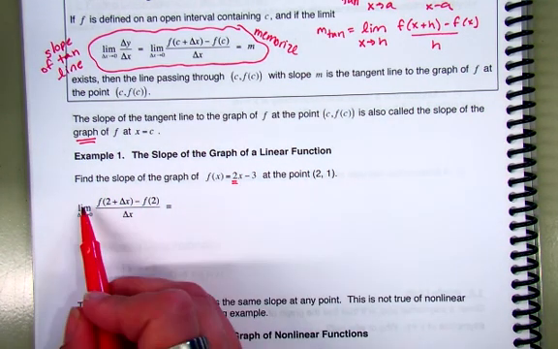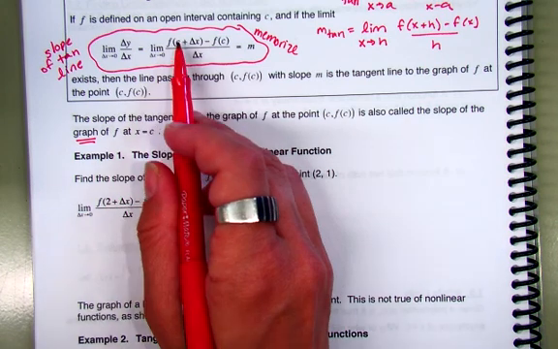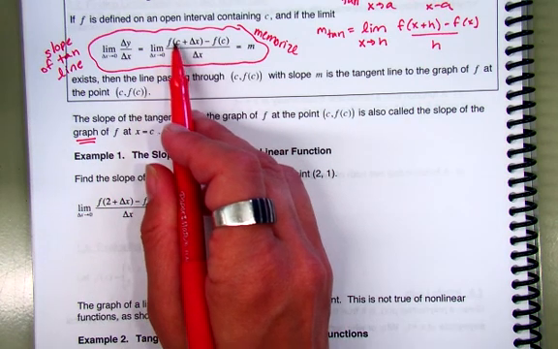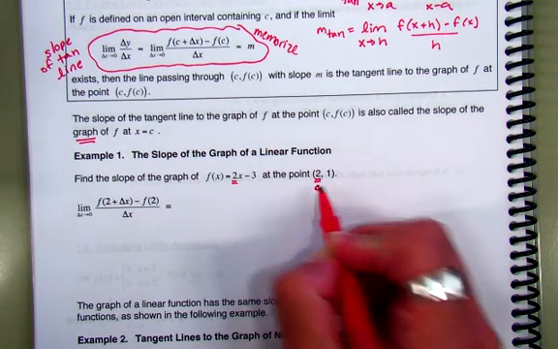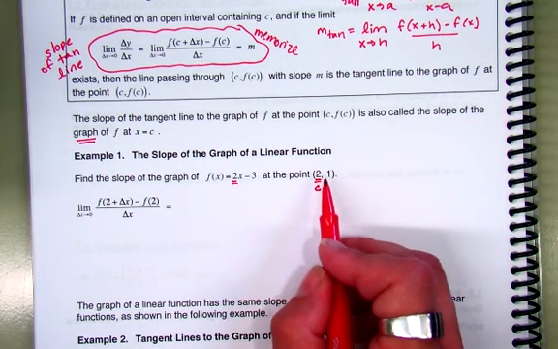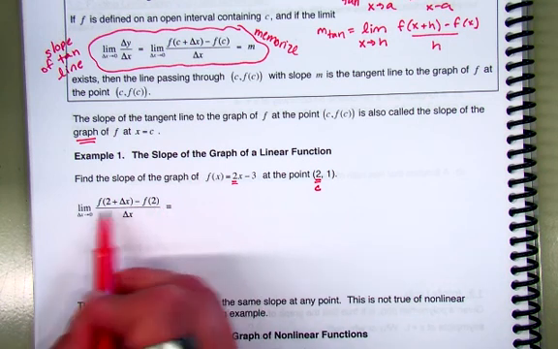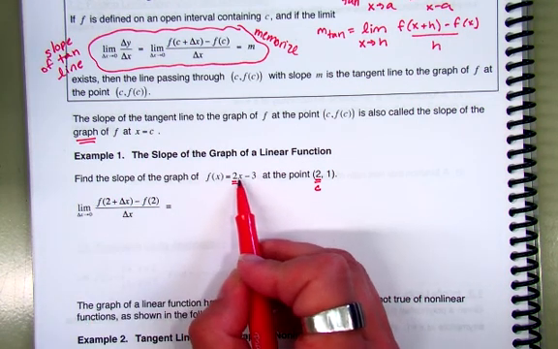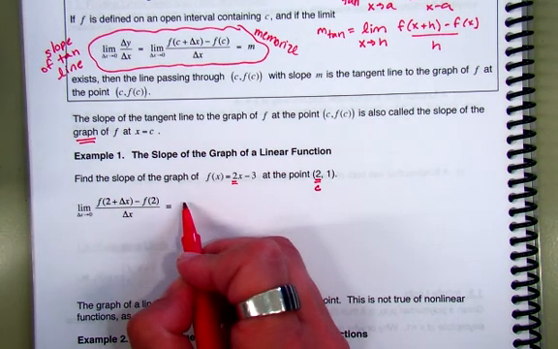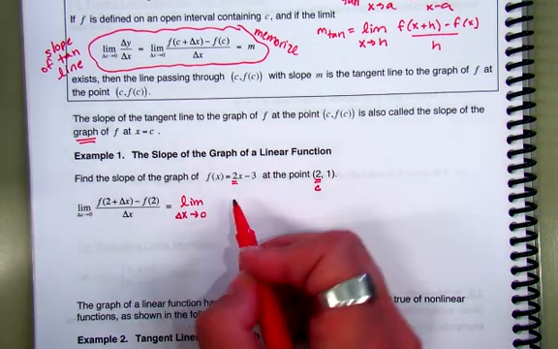So we do the limit as delta x approaches 0. Now you have that c value. It was f of c plus delta x. So instead of c, you plug in that first x coordinate. I plug in 2 plus delta x minus f of 2, all over delta x. Now let's work this out. My equation is 2 times x minus 3, so I plug in here. This will be the limit as delta x approaches 0 of f of 2 plus delta x.